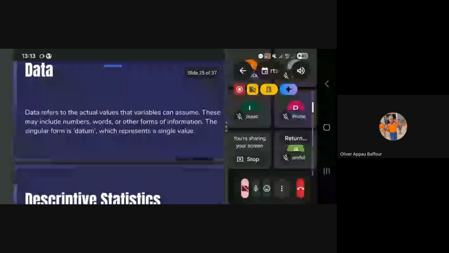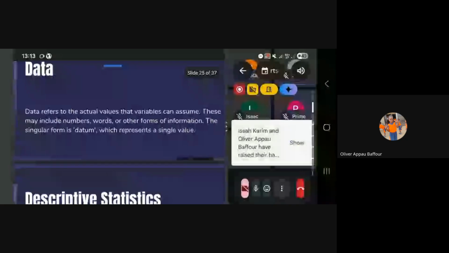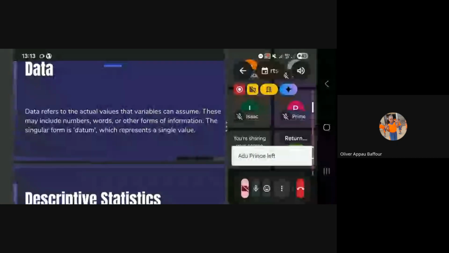I'm saying that data are the actual values of the variables. Example is the ages of students in your class. So age is the variable, and the ages of the students, let's say Kofi is 18 years, Kwame is 19 years.